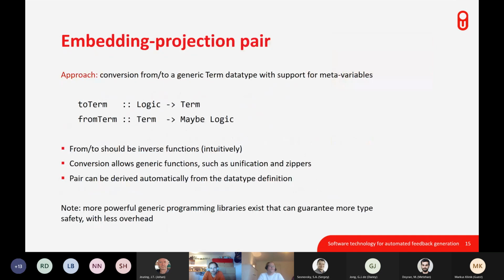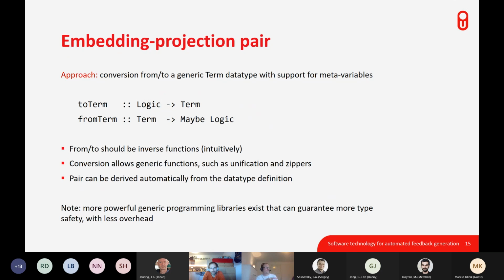So what we use behind the scenes is a generic approach, a generic programming approach. So what we do is we convert this data type, this logic data type that I showed, to a generic term data type that also has support for meta variables. So we have these 2 functions, a conversion function from my logic data type to this generic term data type.